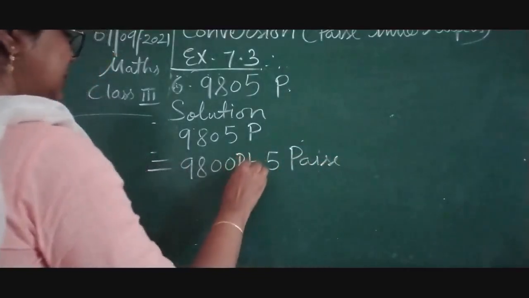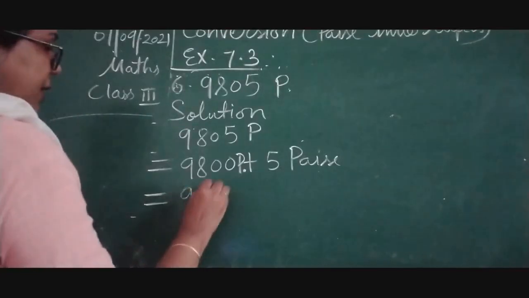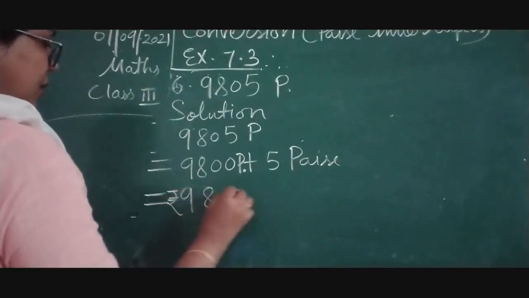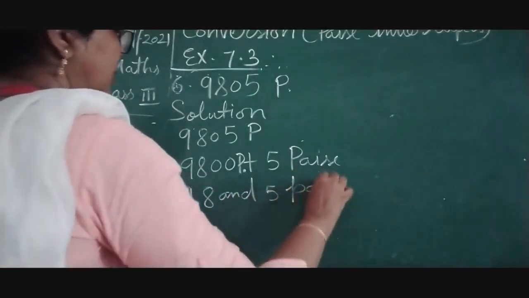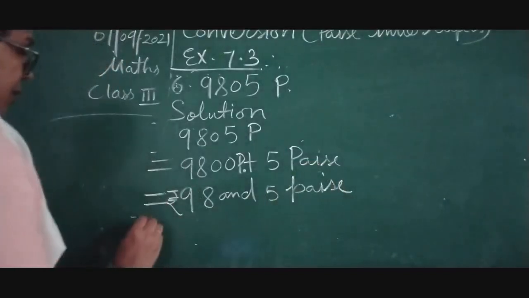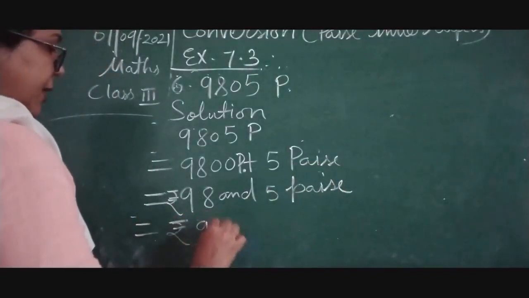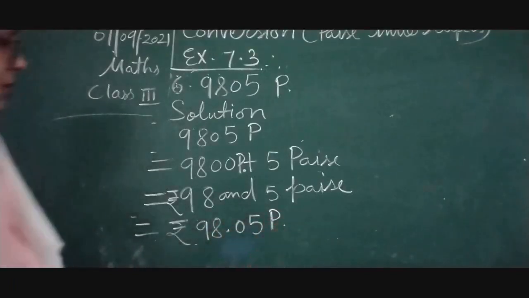This is also paisa. Now we will do, children, 98 rupees and 5 paise equal to rupees 98.05 paise.